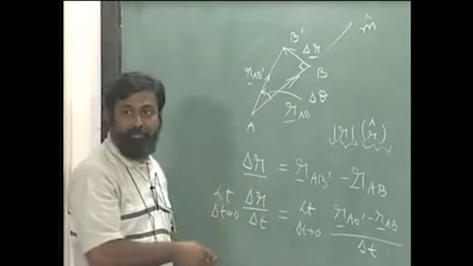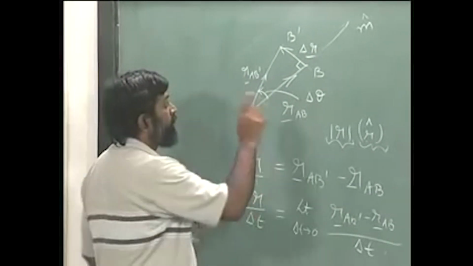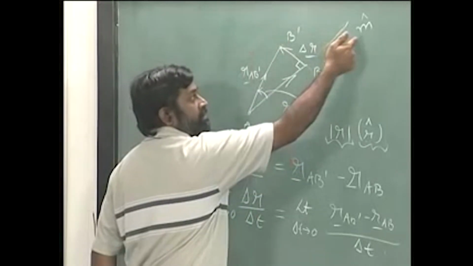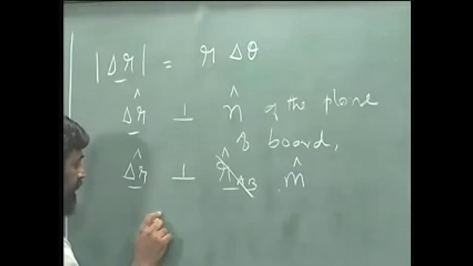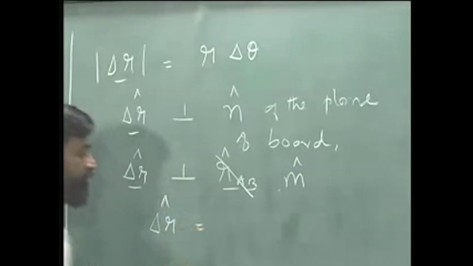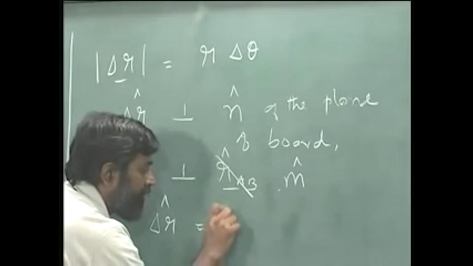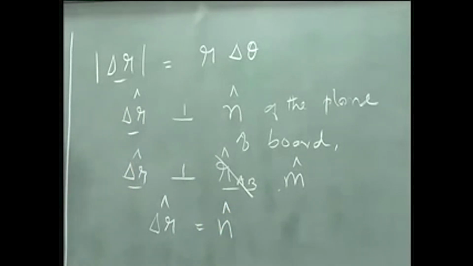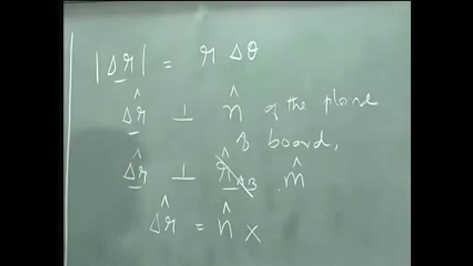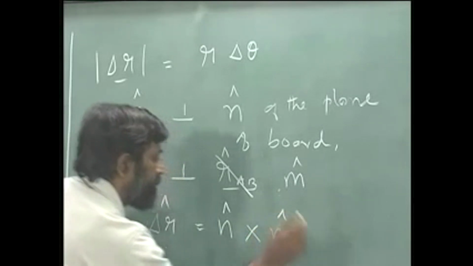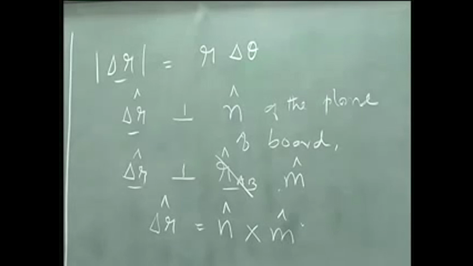So, if I take n and then cross it with m, I should get delta r, and therefore, I will say delta r cap is equal to n unit vector along the perpendicular direction crossed with m. So far so good, no problem.